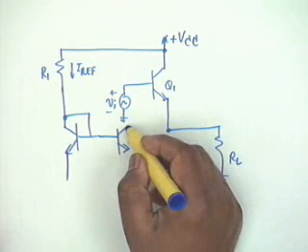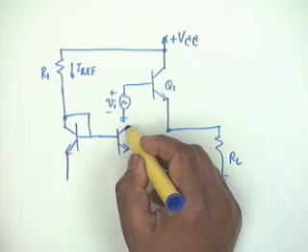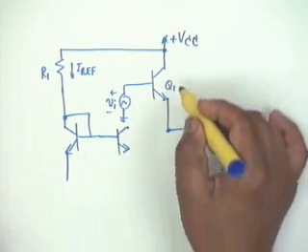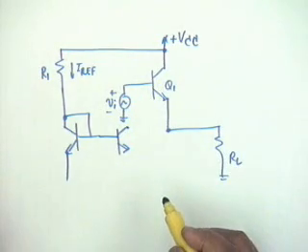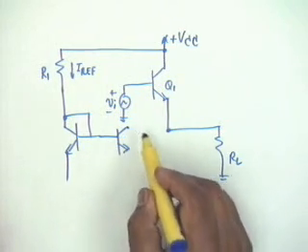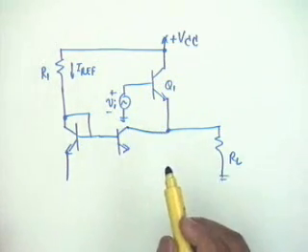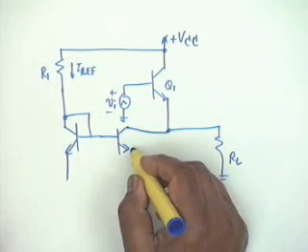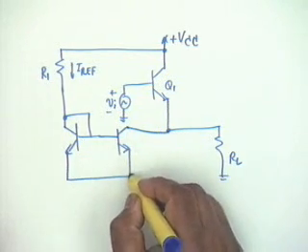Where would this go, the collector? I want to bias this transistor, Q1, not to the base. That is correct. It would go to the emitter. And these two are connected.